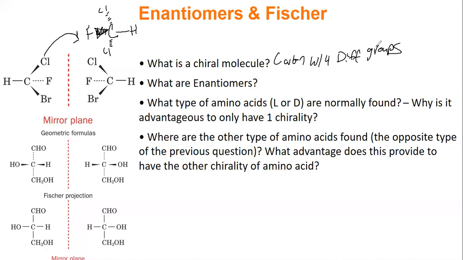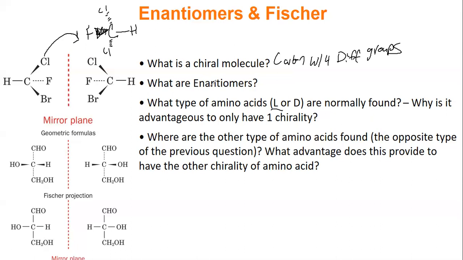And amino acids, well, the amino acids on Earth, 99% of them are L chirality. There are some Ds out there, some D chirality amino acids. They're rare, but we will talk about them this semester. And the advantage to that is that you only have to make one set of enzymes. So enzymes are specific to work on a specific molecule, right?